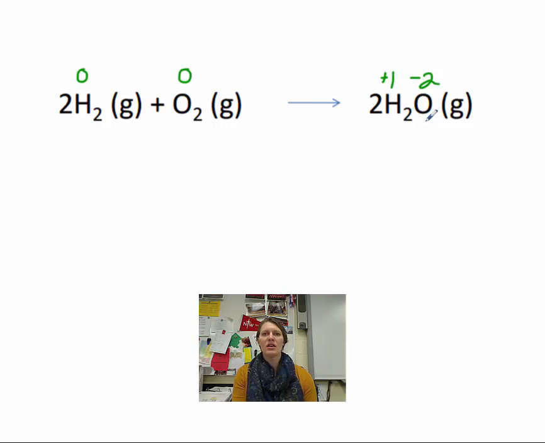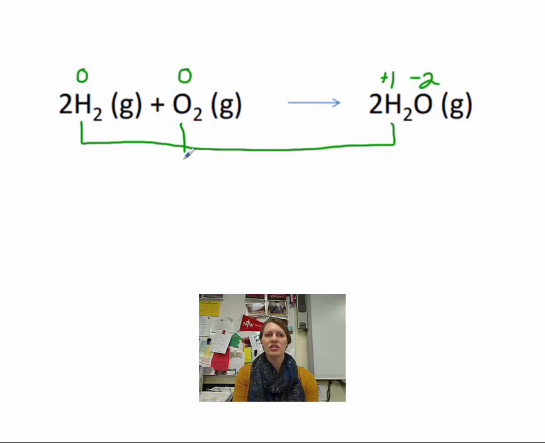So when I look at this, I can see that the hydrogen changed from a 0 oxidation number to a +1 oxidation number. And I can also see that the oxygen changed from a 0 oxidation number to a -2 oxidation number.